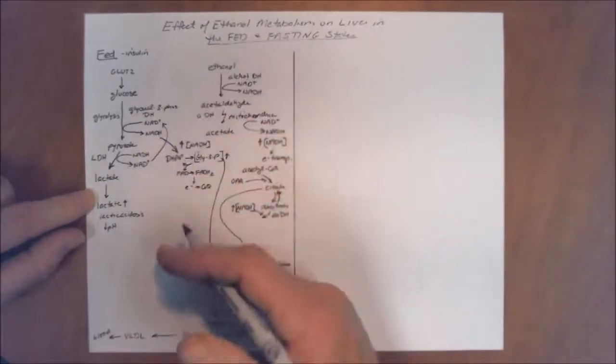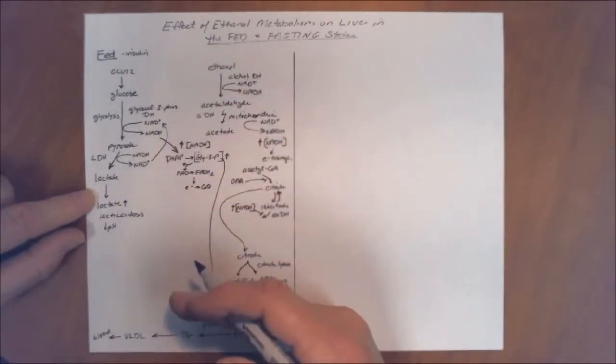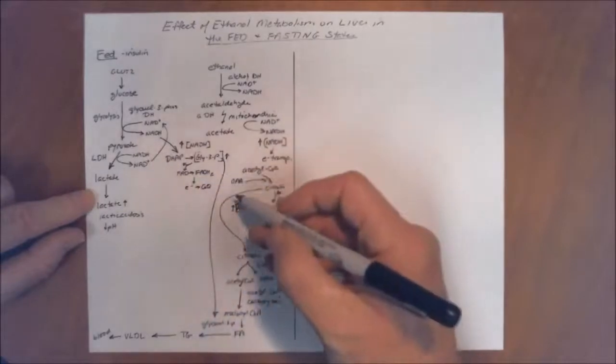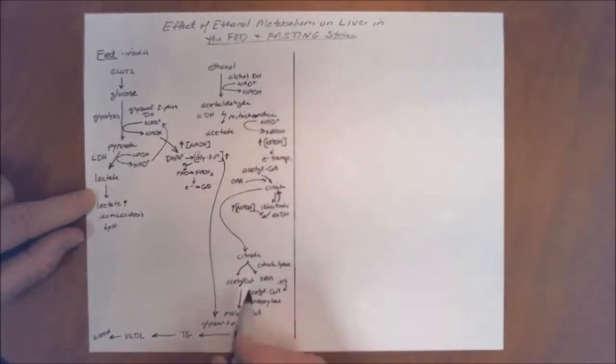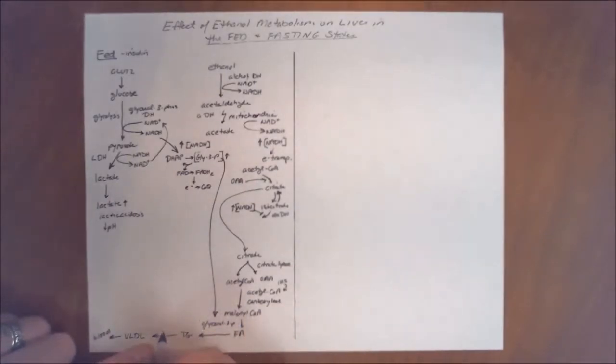If we increase the flow of substrates in a fed state in the liver and push the envelope here into acetyl-CoA production in the cytosol and increase our fatty acids, the packaging step into triglycerides could be inhibited because the pathway is now saturated.